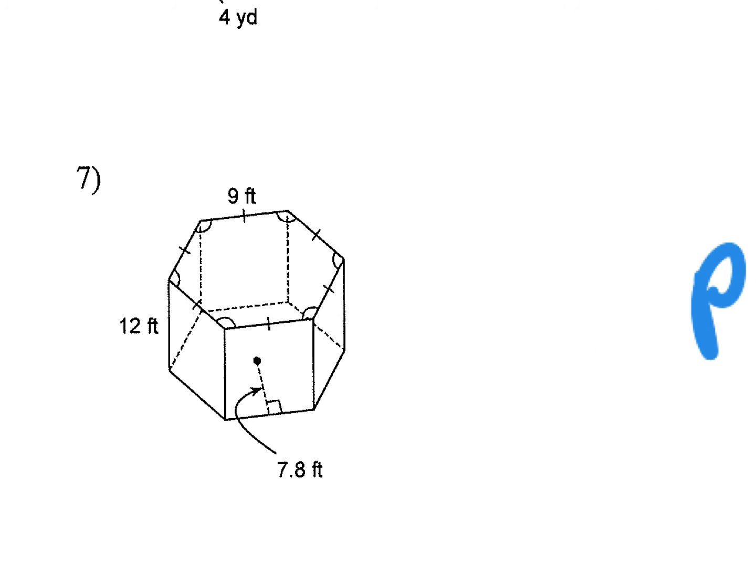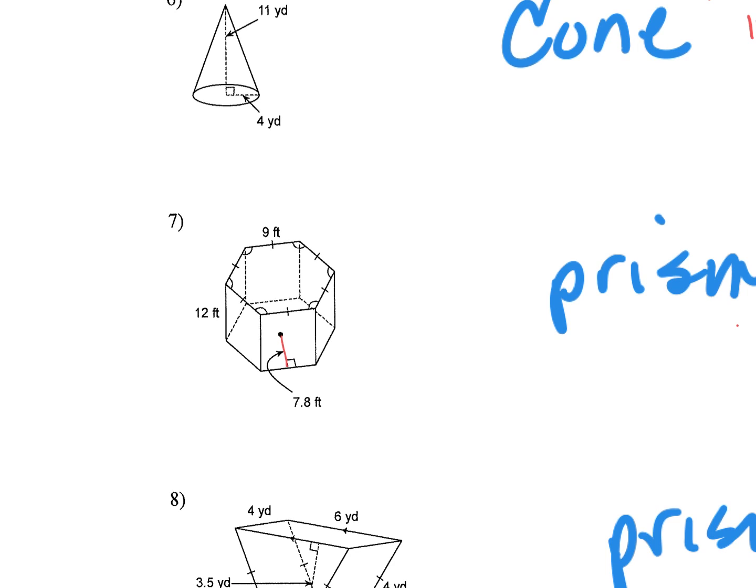Now the last thing to talk about is this guy here. For the first time, you're going to see this little piece, which is like a hat box, if any of you have seen a hat box. It's from the edge to the middle of the polygon, okay? This is a regular polygon, and it's also a prism.